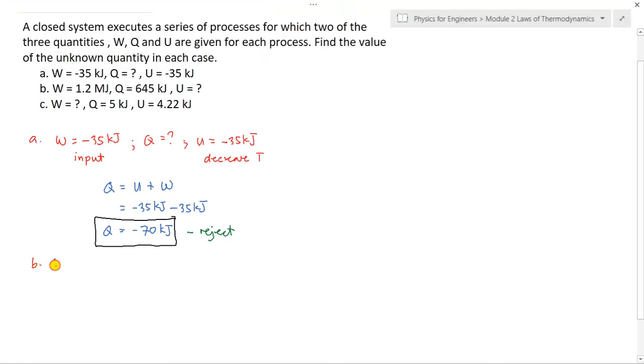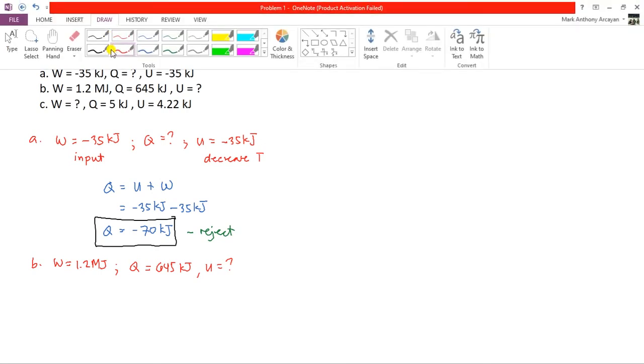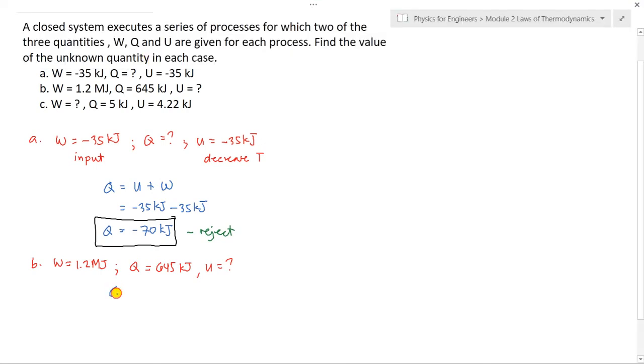For letter B, we have work equal to 1.2 megajoules. Then we have Q equal to 645 kilojoules, and the internal energy is unknown. Here we again use the general equation for the first law: Q is equal to U plus work.